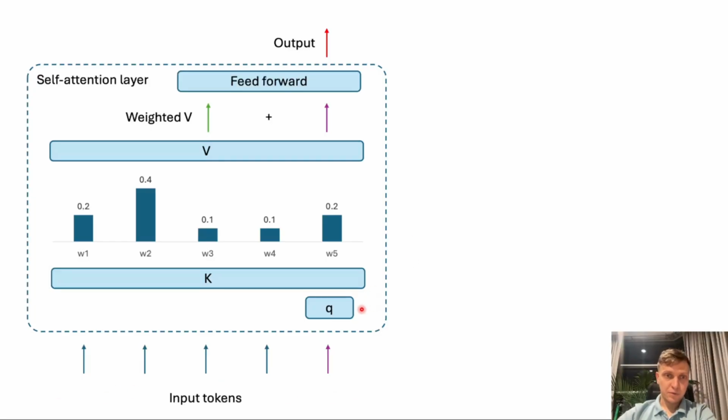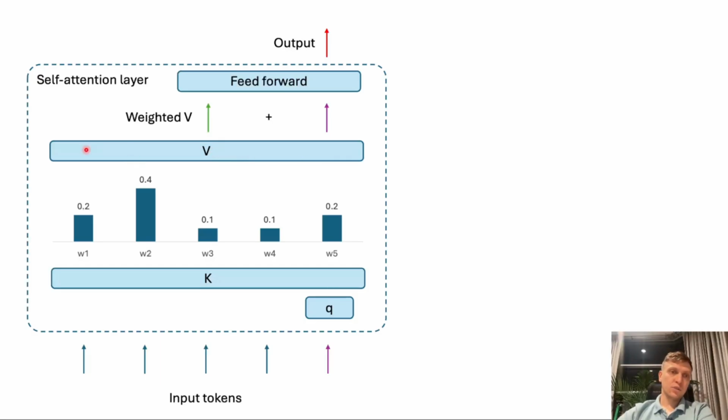Then, by comparing this query and keys, we compute attention weights. So basically, we compute some weight for each input token, such that the sum of these weights equals 1. Then we apply another matrix on top of the input vectors and compute some values for each of these vectors.